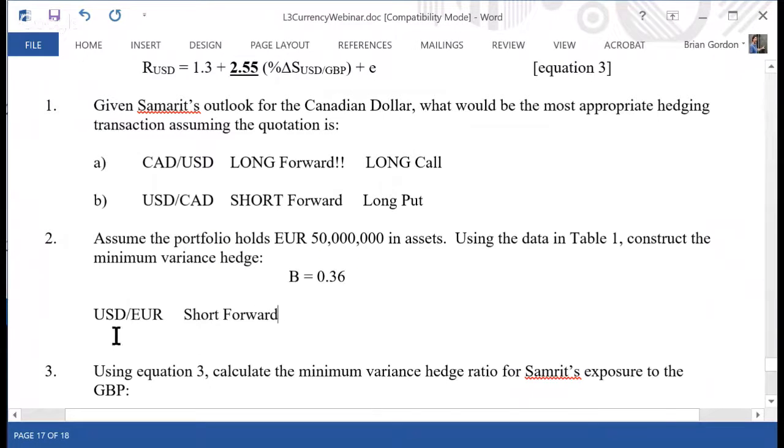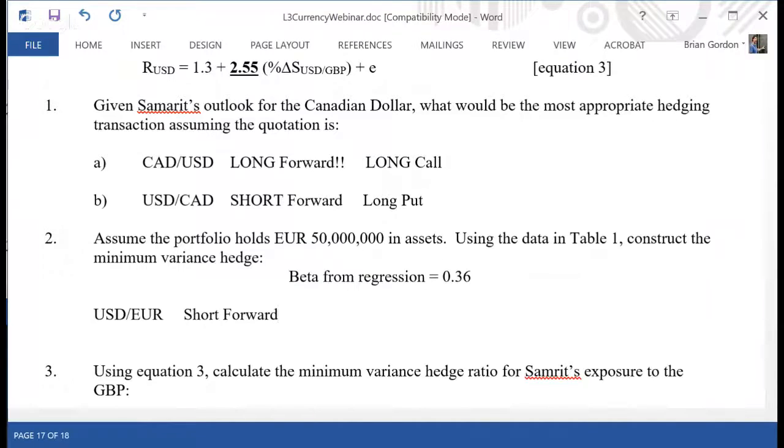I want to short this currency pair, and that's part marks. Okay, so how could we get some part marks? We could get some part marks by saying the minimum variance hedge ratio is equal to the beta from the regression. Could you remember the formula? No. Okay, then leave it at that.